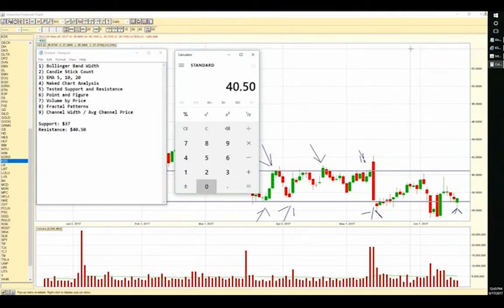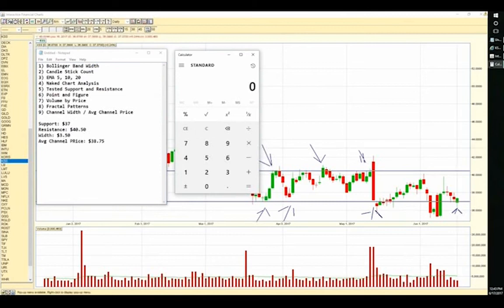So $40.50 minus $37 gives me $3.50. I know, higher math right there. And then the average channel price, 37 plus 40.50 divided by 2 is $38.75.